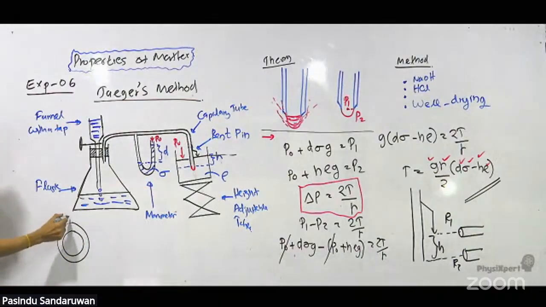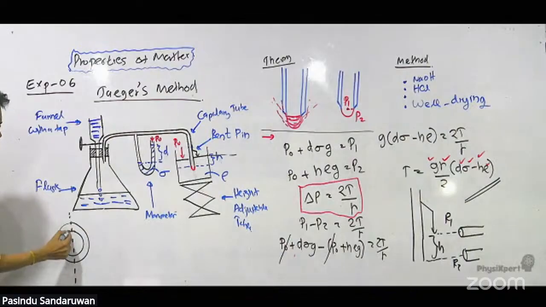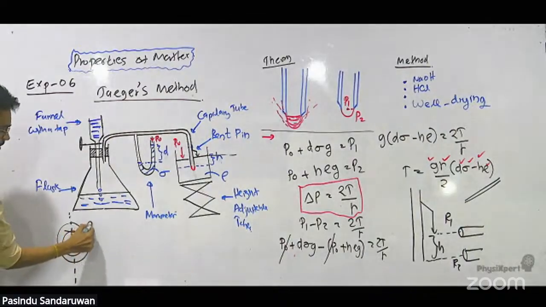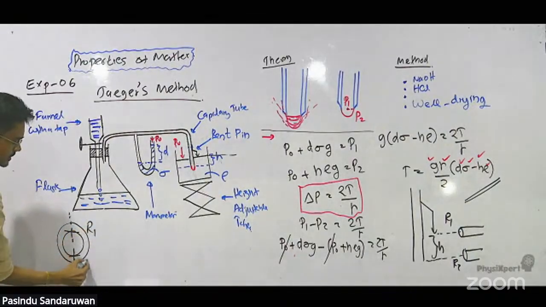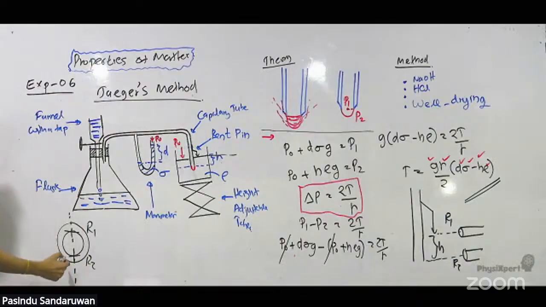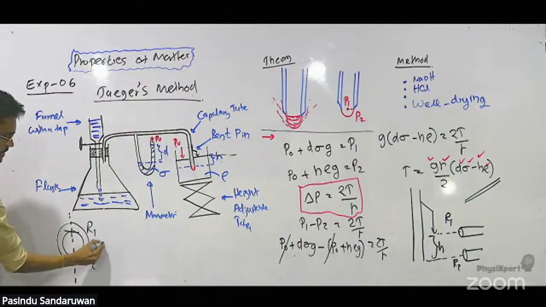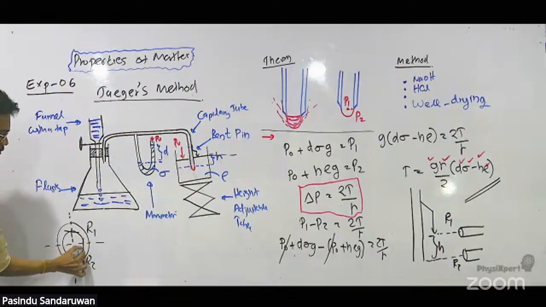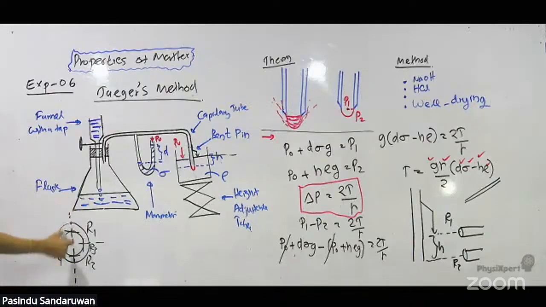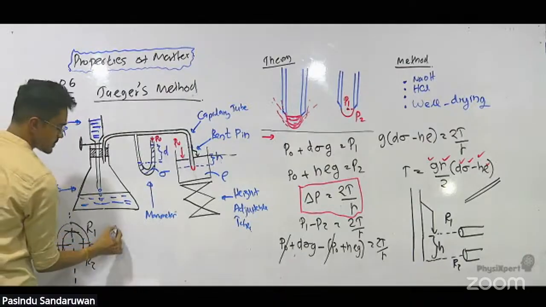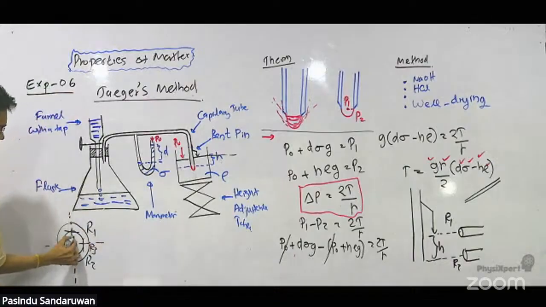To get the internal diameter, first you have to focus the cross wires here. Take the reading, say R1, to here R2, then to here R3, and to this point R4.